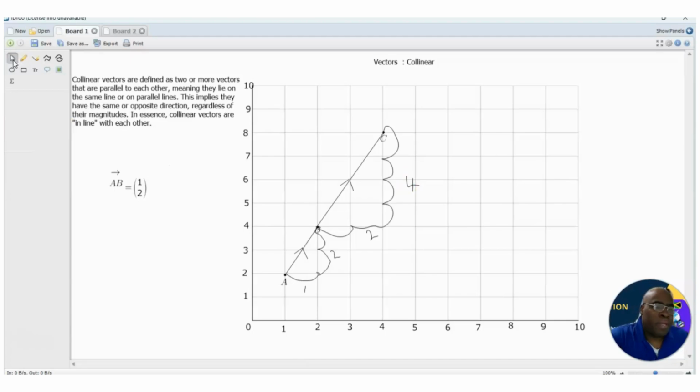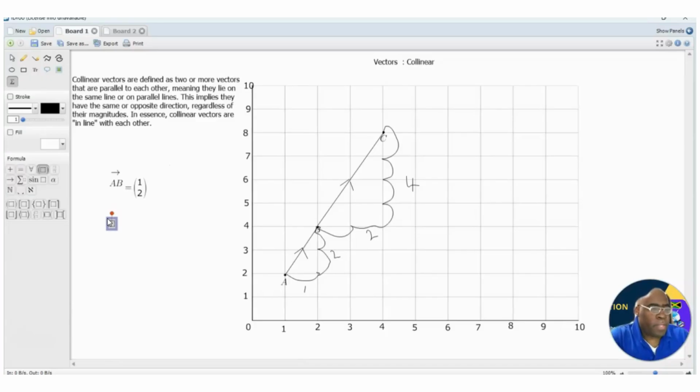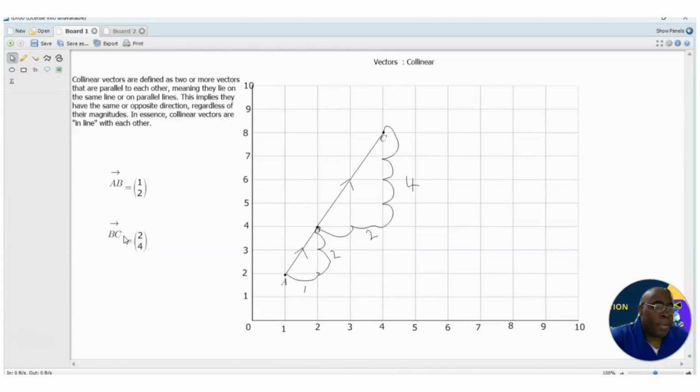So the vector BC would be 2 on the x-axis, 4 on the y-axis. All right? So we see that so far.